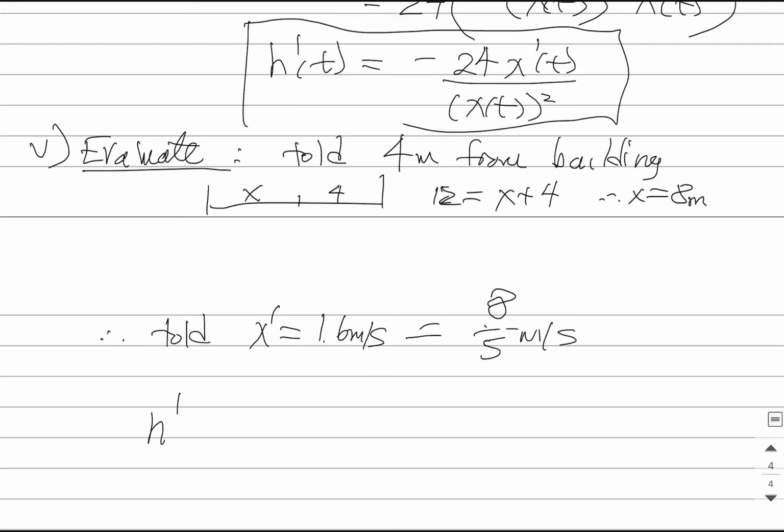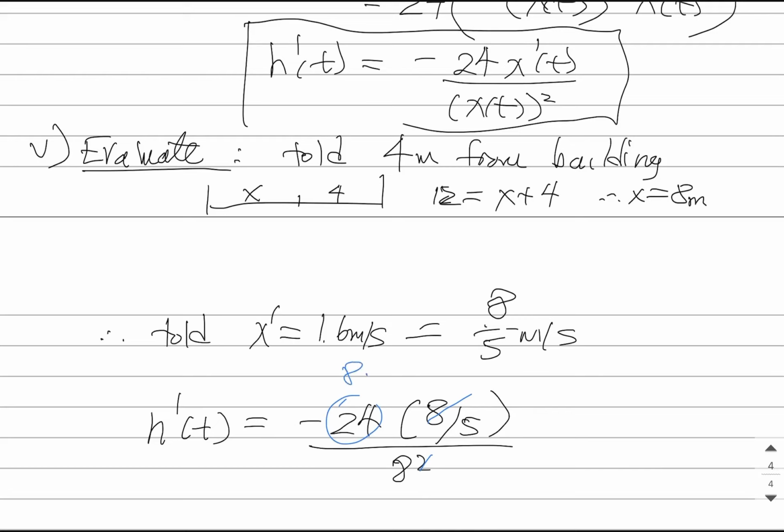I can figure out h prime of t. It will be negative 24 times 8 over 5 divided by 8 squared. One of these 8s is going to cancel with one of those. I could write 24 as 8 times 3, so one of those 8s is going to cancel with the other one. So what I'm left with is negative 3 over 5 meters per second.